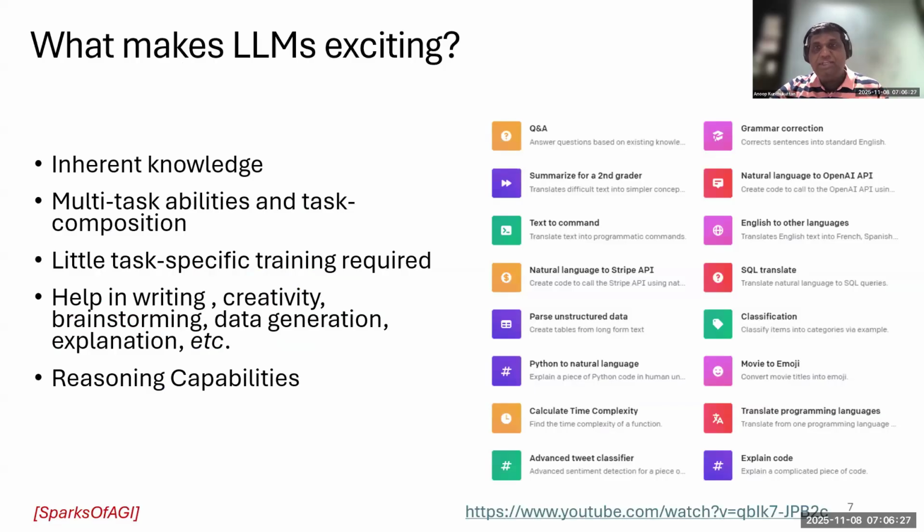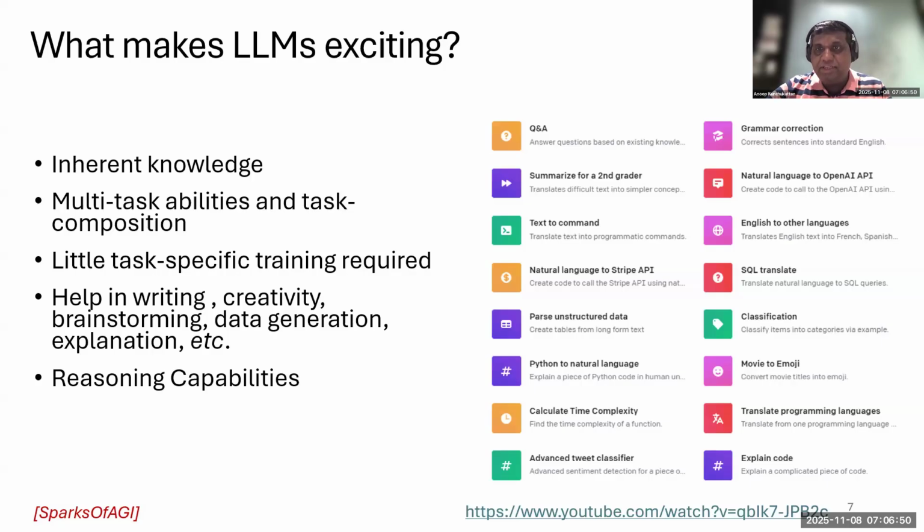And with all these advances, LLMs have become very exciting. It has transformed the field of NLP. And what we have got is they can do a lot of things because of their inherent knowledge, and they have multitask abilities, task composition abilities, just by prompting and specifying the instructions.